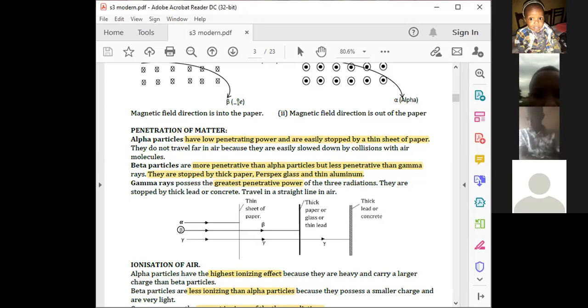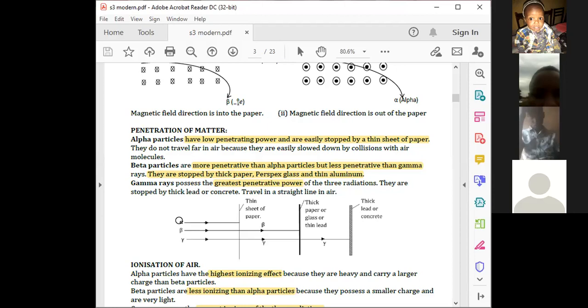Then look at this small diagram. I have particles and one ray. I have a beta particle, an alpha particle, and then a gamma ray. How do they penetrate? This is what I was trying to explain above. The penetrating power of alpha is low.